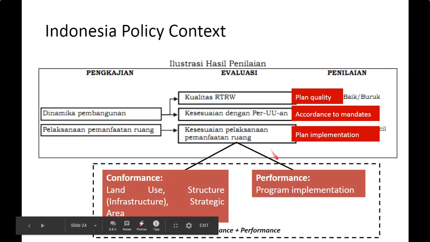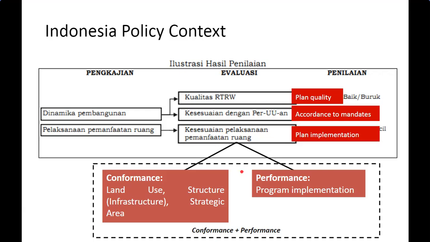And here there are two types of evaluation that we need to do in plan implementation evaluations. The first one is conformance. We identify the mismatch, the penyimpangan, the mismatch between land use and structures, and also the strategic area.